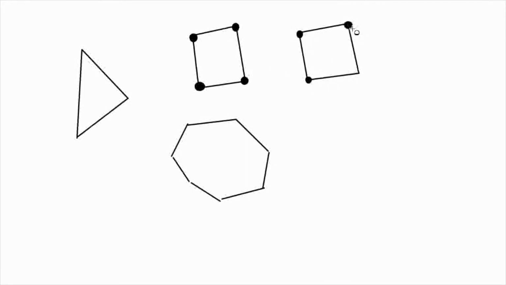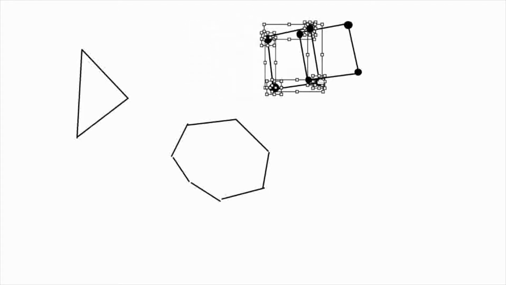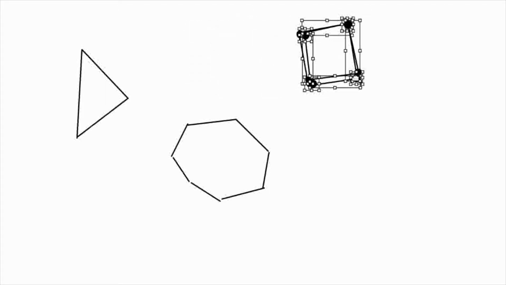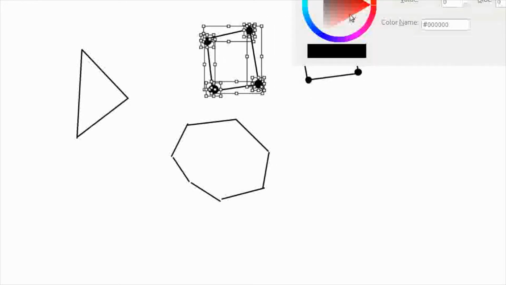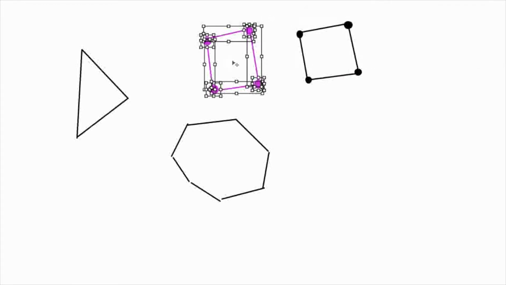Those are referred to as vertices. Suppose you literally picked up one of the polygons and moved it on top of the other one. When you move it, if all of the vertices are on top of each other, that means that they are congruent. They have the same shape and size.